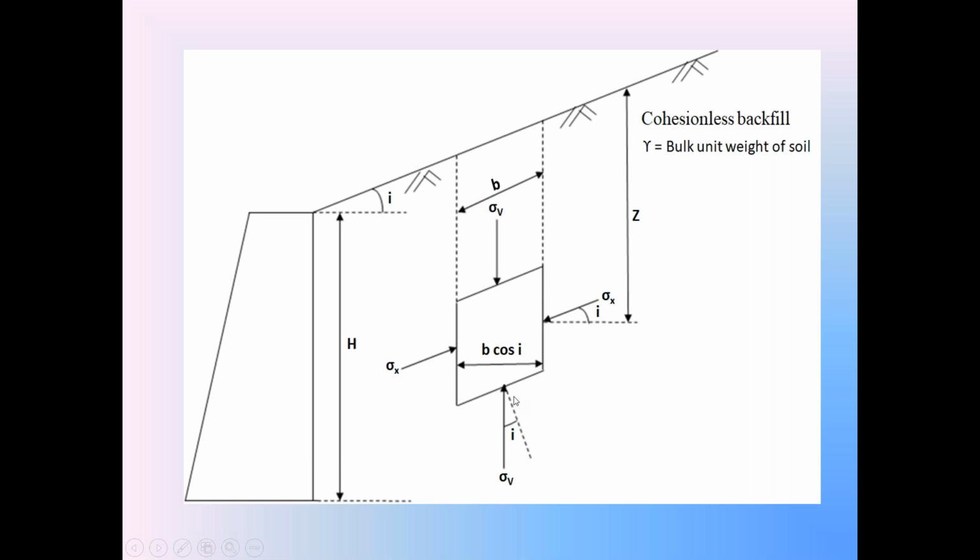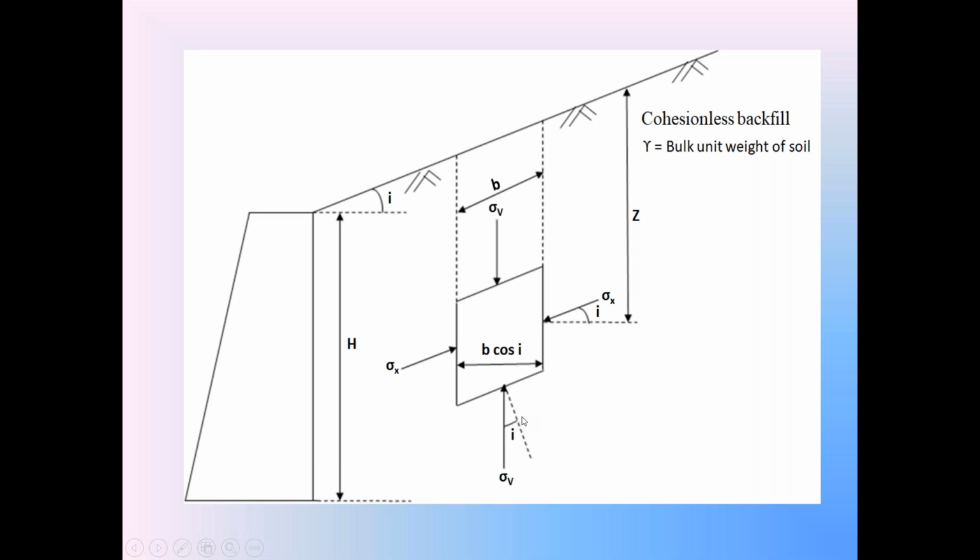With these principal stress directions, sigma v makes an angle i and sigma x also makes an angle i. Because with horizontal, the stress sigma x is parallel to the inclined surface of the backfill. The stress sigma x acts on the element parallel to the inclined surface of the backfill, so with horizontal, sigma x makes an angle i. Similarly, with the perpendicular direction, sigma v makes an angle i.